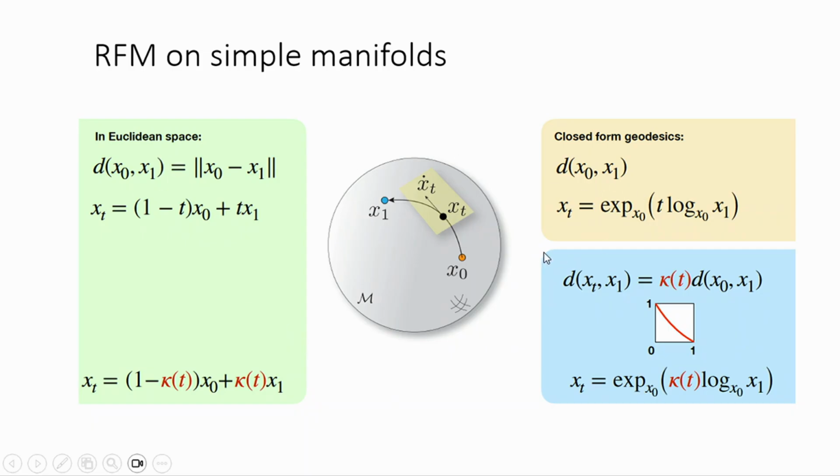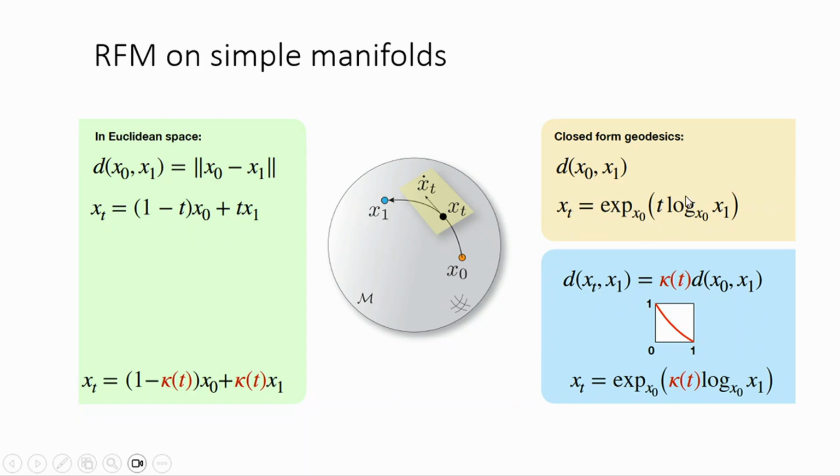And similarly for the non-Euclidean space, we can define the geodesic with the exponential map and log map. So the log map is kind of like division, and the exponential map is like multiplication.